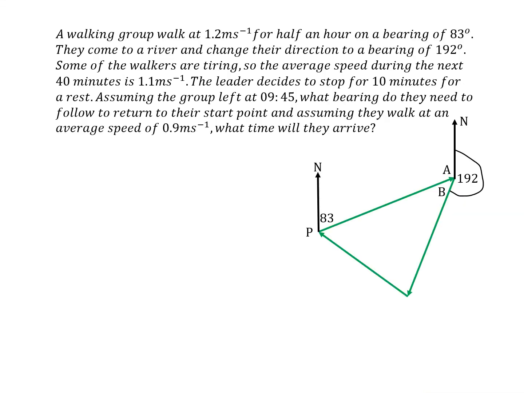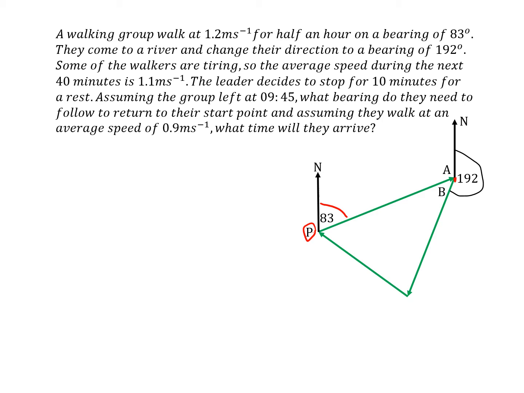So the first thing I've done here is to draw a diagram of the routes taken by the walkers. They start off at the point P here, and they go on a bearing of 83 degrees. So they go off in this direction, and they travel for half an hour, reaching the river at this point here. Then they go on a bearing of 192 degrees.